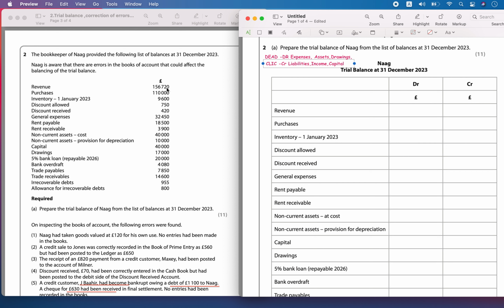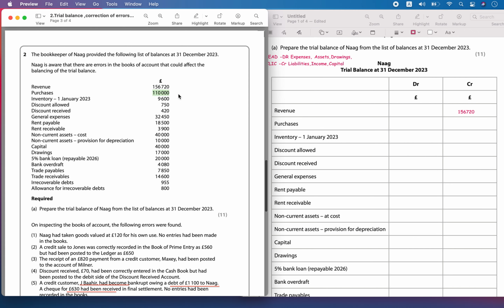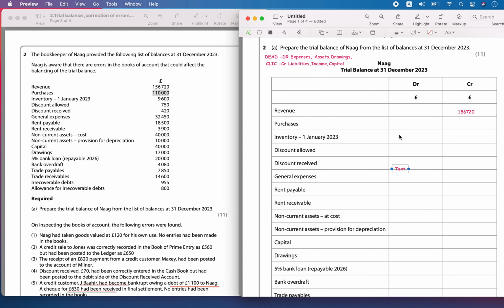So first one is revenue. Revenue is a credit balance, so let's put that. Why is revenue a credit balance? It comes under the income in the income statement. 156720, and then you have the purchases. Purchases is a debit balance, so let's put that there.